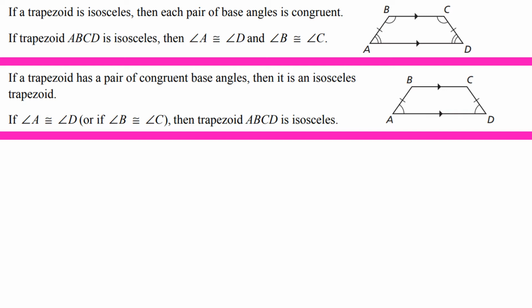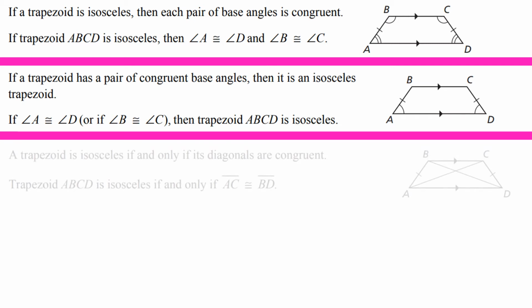Because if one pair is going to be congruent, we can deduce the other pair also has to be congruent, and therefore it has to be isosceles. All right, so if we know it's isosceles, we know each pair of base angles is congruent. Or if we just know that one pair of base angles is congruent, we know it's isosceles.